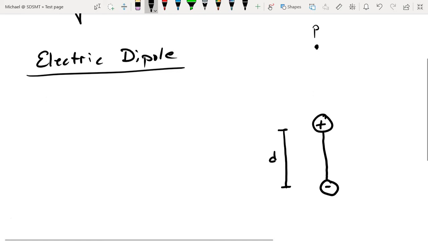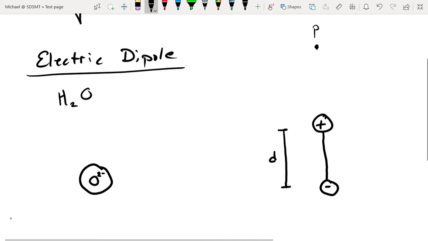A really good example would be a water molecule, which is made up of 2 hydrogens and an oxygen. And so I'm going to put an oxygen ion right here.